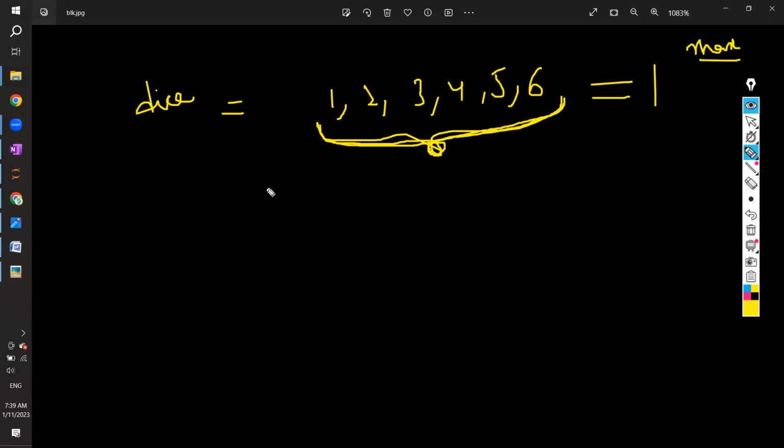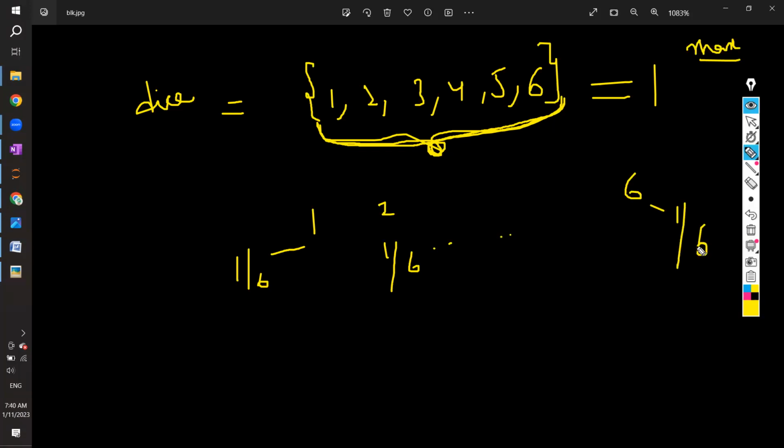Clear? Now, if I ask you what is the probability that I just want 1, for only 1, what is the probability? 1/6. Correct. For only 2, what is the probability? 1/6. Like that, for only 6, it is 1/6.